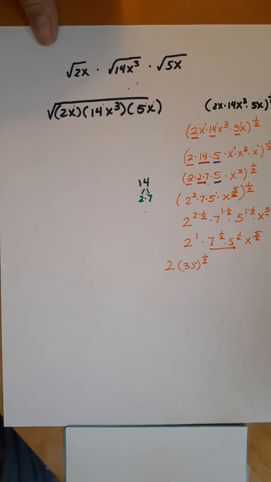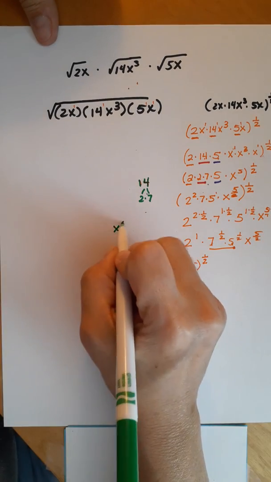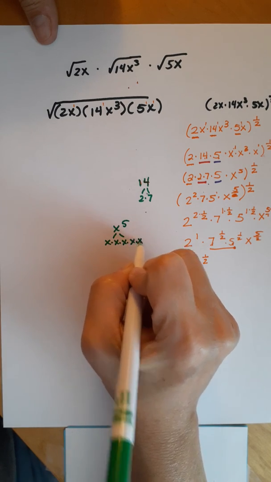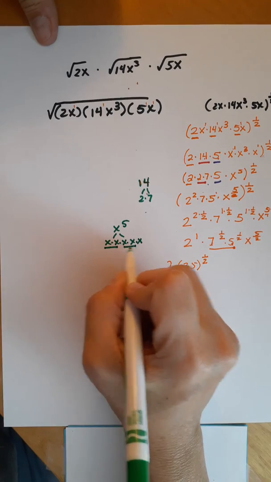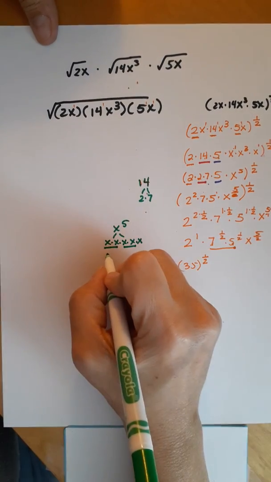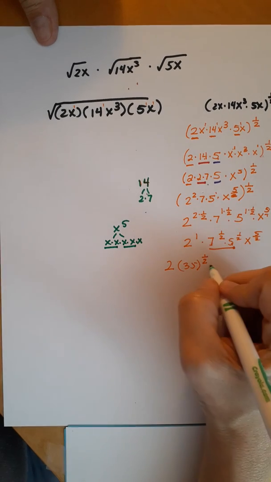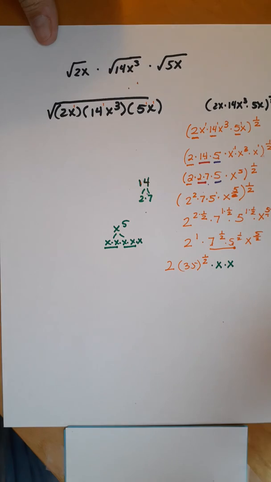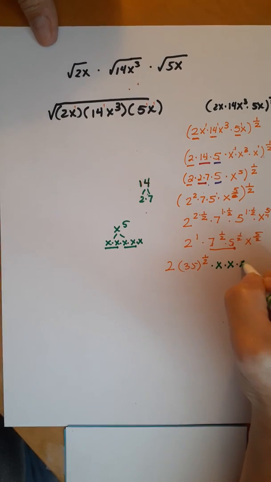Let me make a little factor tree with that. X to the 5th is 1, 2, 3, 4, 5. A group of 2, a group of 2. I got 2 groups of 2. That is x times x, and then I have a little extra one, and that is x to the 1/2.